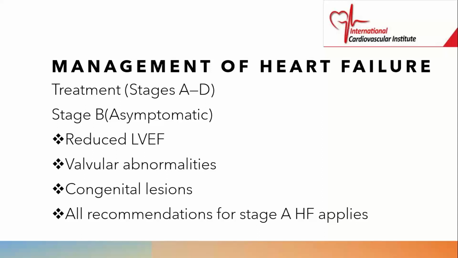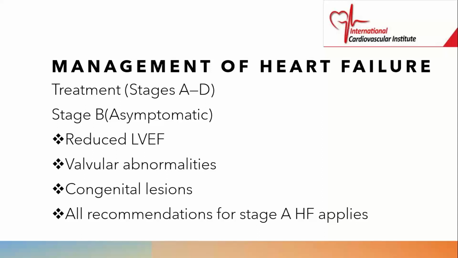So they come to, say, the echo lab for pre-op clearance. Ejection fraction was found to be 35–40%. You have to treat them. Okay, patients with valvular lesions need treatment as well. I don't mean you're going to do a valve operation, but whatever intervention you can carry out, it might just be counseling.